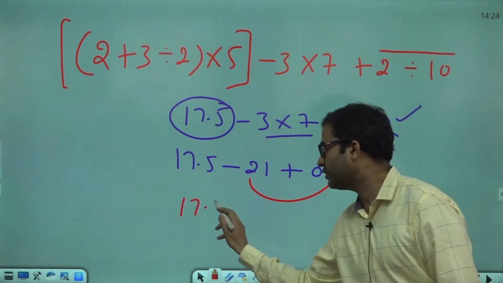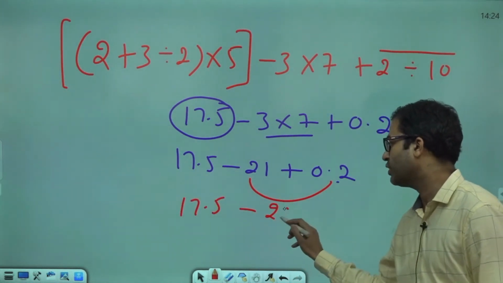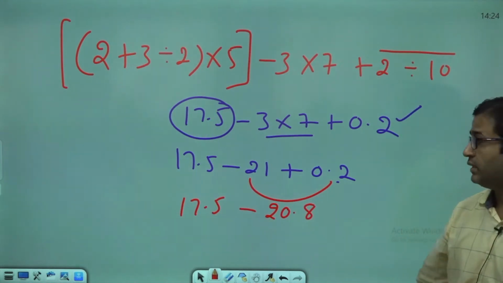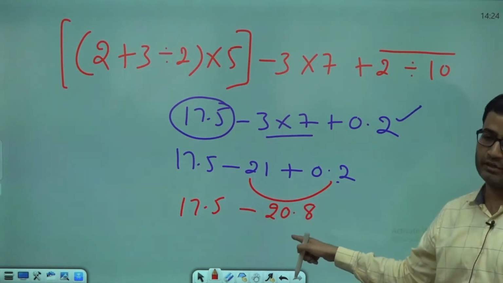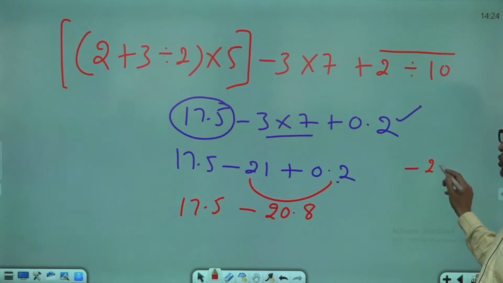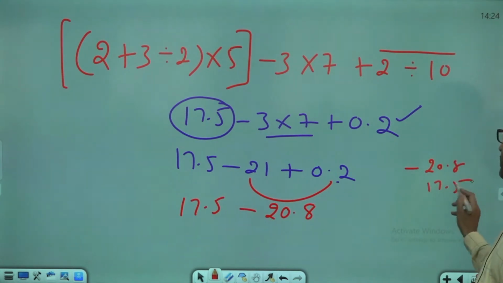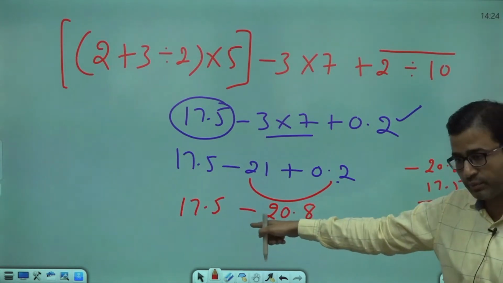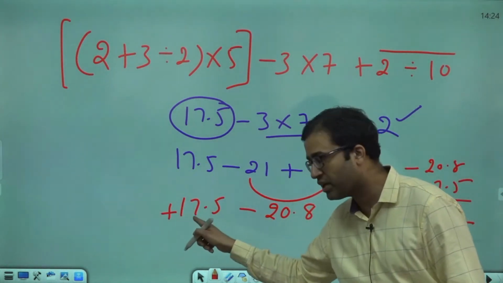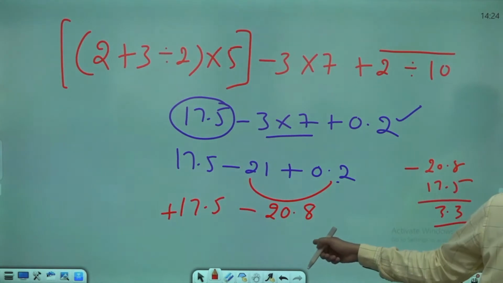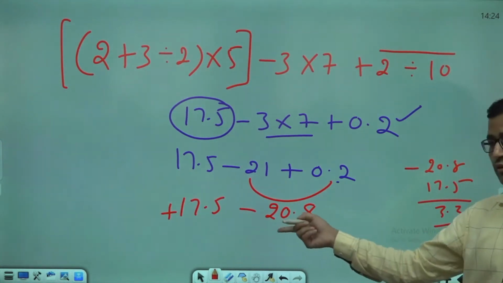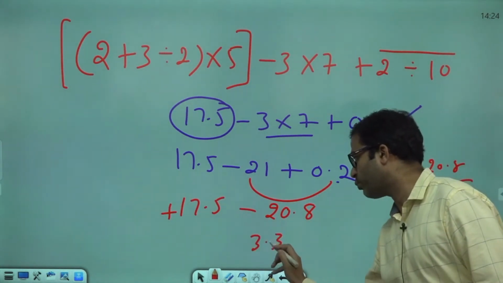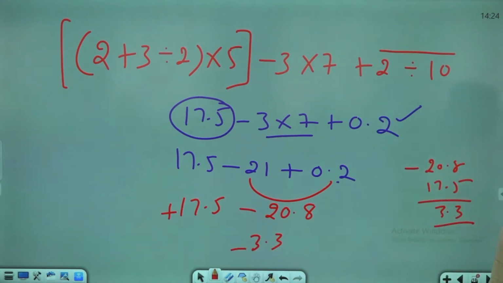So it will be 17.5 minus 20.8. Then there is a positive value, there is a negative value. So you overall calculate 20.8, 17.5. Here the difference is 3.3. The negative value is bigger, the positive value is smaller. Overall, if you do the calculation, it will be 3.3 and it is a negative value.